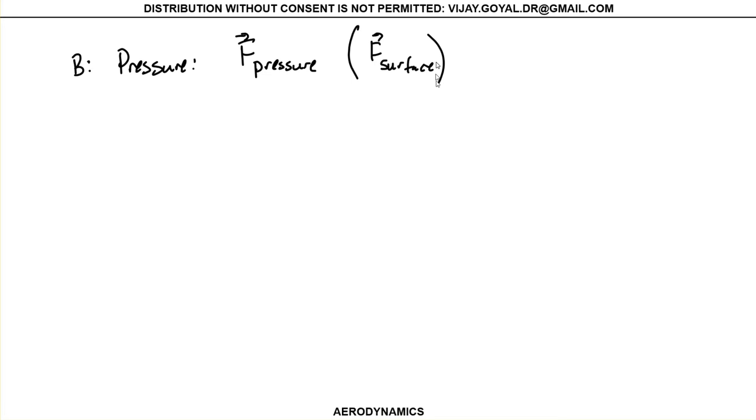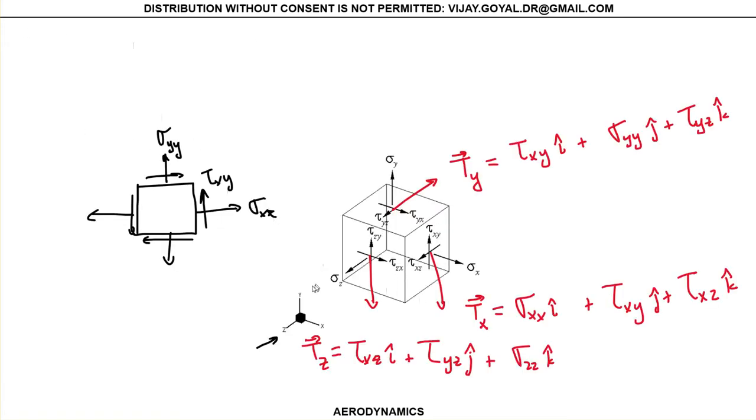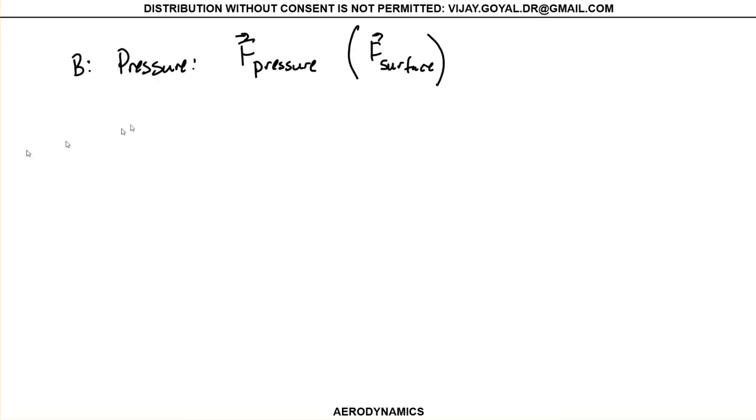So just to better understand this, let me go back to this segment, and let me look from this side, okay? And let's see what happens here. So I'm going to take this coordinate system, X. So the unit vector is I. Let's go into Y. The unit vector is J. And let's use K for the Z direction.